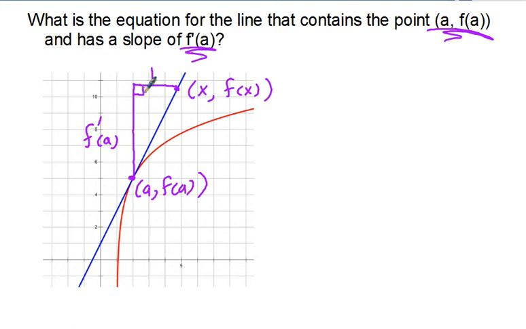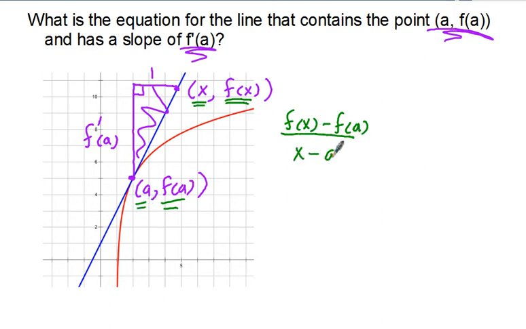Well, let's apply the slope formula. So we have the difference in the y values, f of x minus f of a, divided by the difference in the x values, which is the difference between x and a, is equal to the slope, which we're told has the value f prime of a. And let's perform those same algebraic maneuvers as we did on the previous screen.